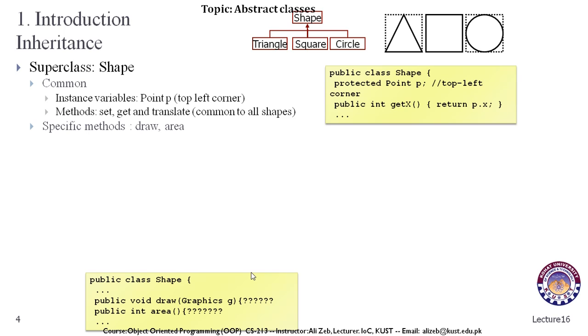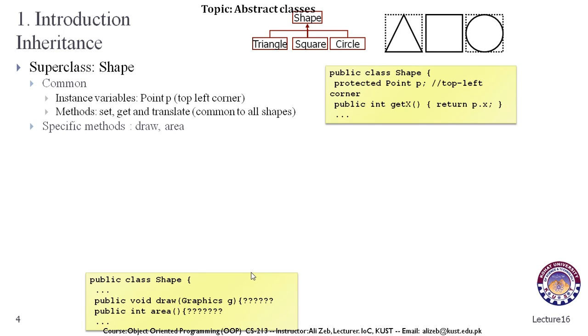Now what should we do with the draw method or the area method? Can we possibly implement these methods in the shape class? What if we try to implement the draw method in the shape class? And if we call the draw method of the shape class using an object of the shape class, what shape will be drawn?